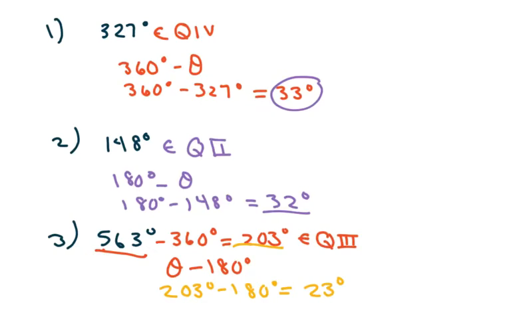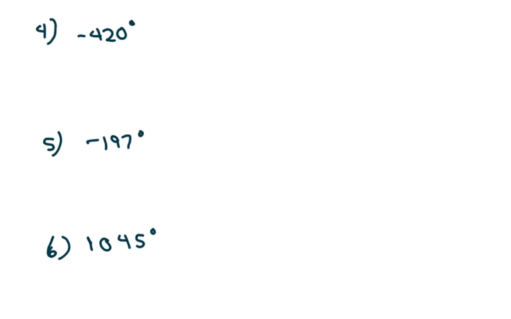Okay? And here's another one. We have 420. I'm going to make this coterminal. If I add 360, I'm going to get negative 60.